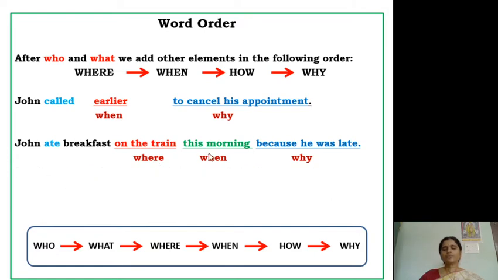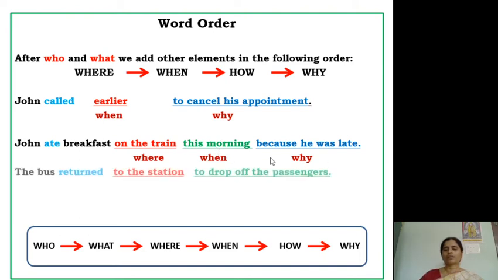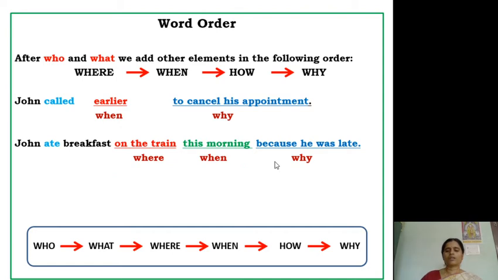This morning refers to time. Because he was late refers to the reason. So the order should be: the where element first, the when element next, and then the reason element, that is the why element. So this is the right order to organize the words in a sentence.